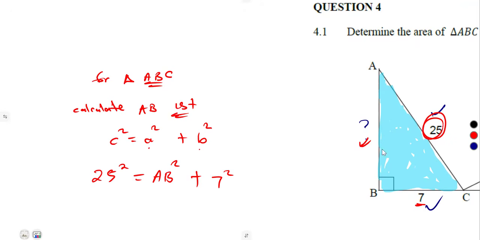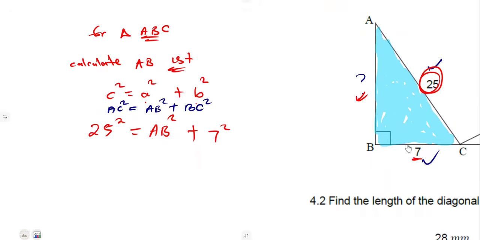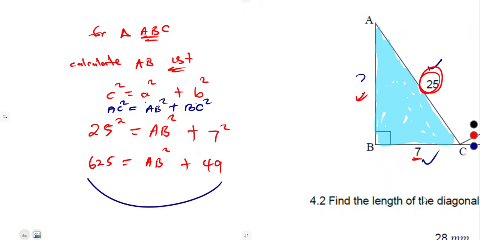In actual sense, we could have written it this way: our hypotenuse AC squared is equal to AB squared plus BC squared. All right, let me do it that way. No problem. So let's simplify. 25 squared, we're just going to square 25 times 25, 625 is equal to AB squared plus 7 squared, which is 49. Subtract 49 both sides of your equation.